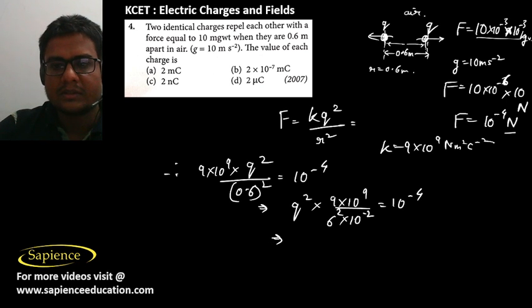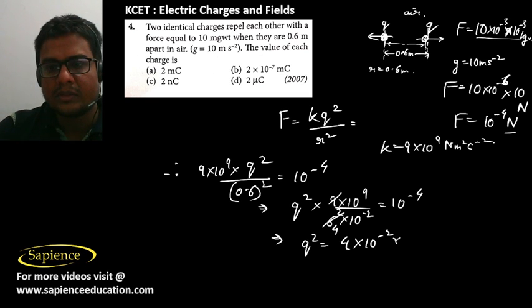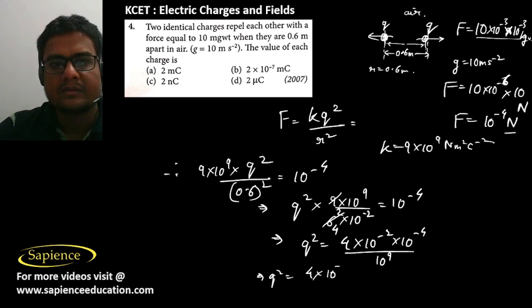So 9 4s are 36. Then q square will be equal to 4 into 10 power minus 2 into 10 power minus 4 divided by 10 power 9. So q square will be equal to 4 into 10 power minus 6 minus 9.